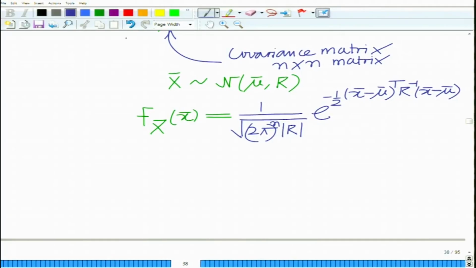And this is basically your PDF of the multivariate Gaussian random vector.